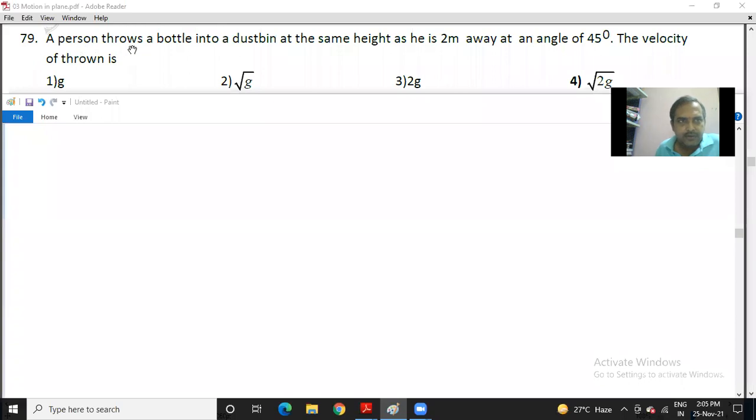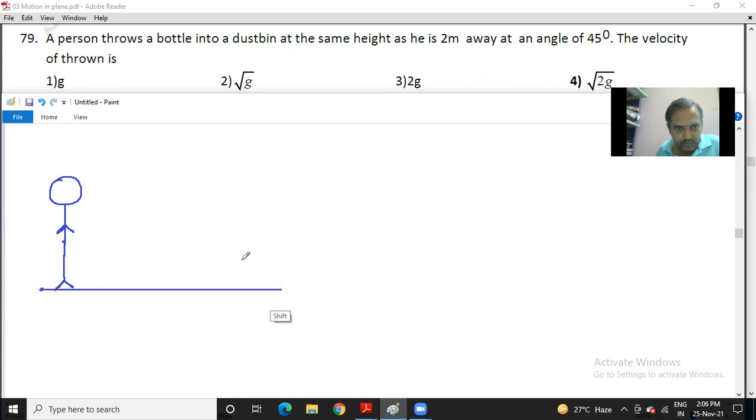Next question. A person throws a bottle into a dustbin at the same height as he is, 2 meters away, at an angle of 45 degrees. The velocity of throw is. So just try to understand, here is the person. Assume that this is the ground.